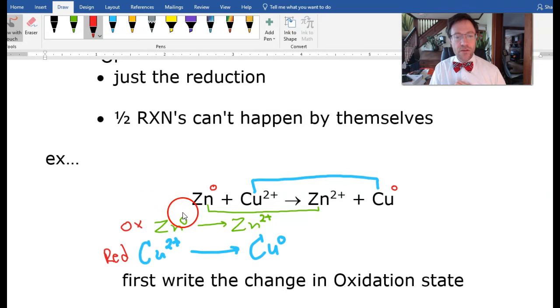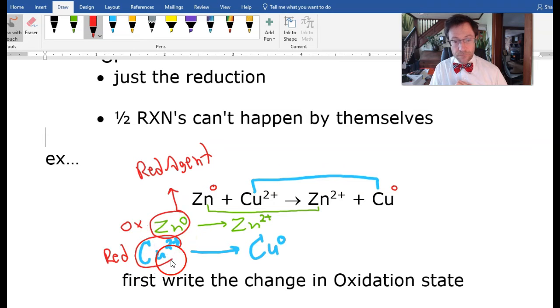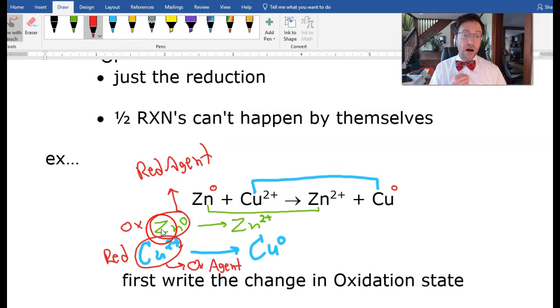If this is being oxidized, it is the reducing agent. And if this is being reduced, it is the oxidizing agent. Zinc was oxidized by copper 2+. That makes copper 2+ the oxidizing agent. Same thing, only different with the other.